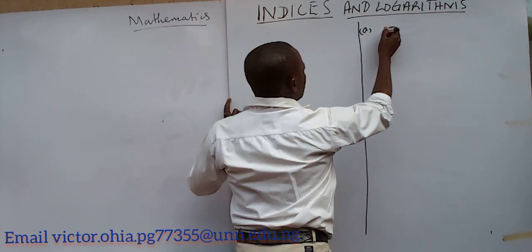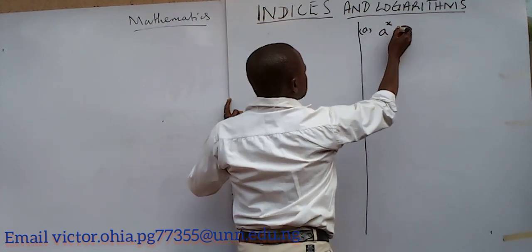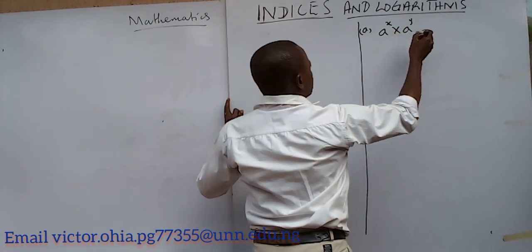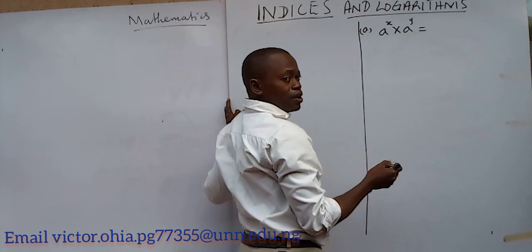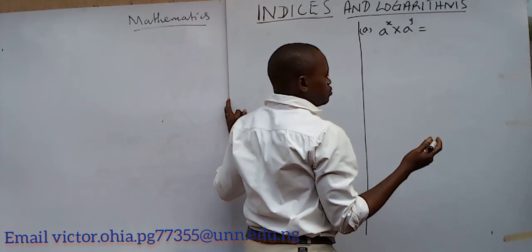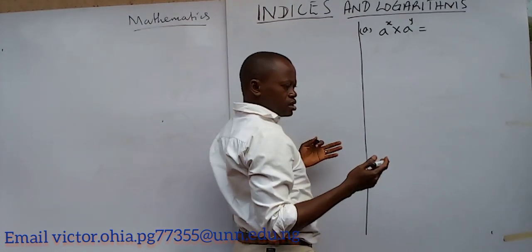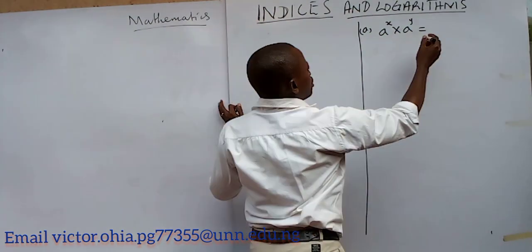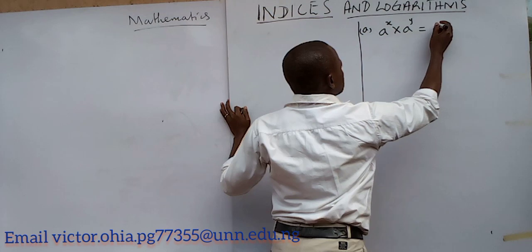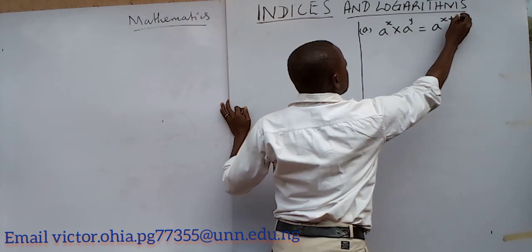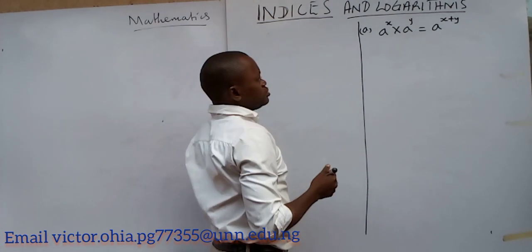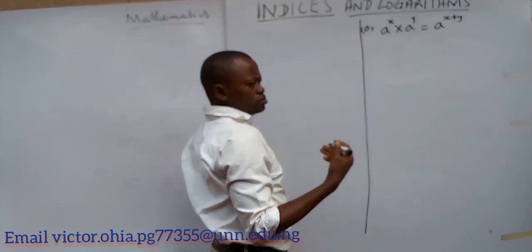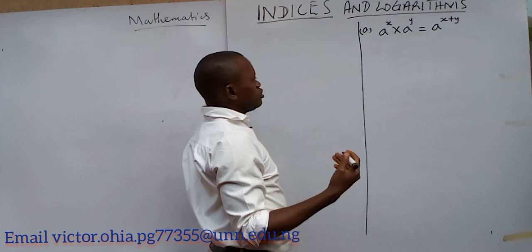When you have a raised to power x times a raised to power y, you are going to add the powers. That's what we were considering in the product law in indices. It is the same thing as a raised to power x plus y. Now, how does this relate to the theory of logarithm?